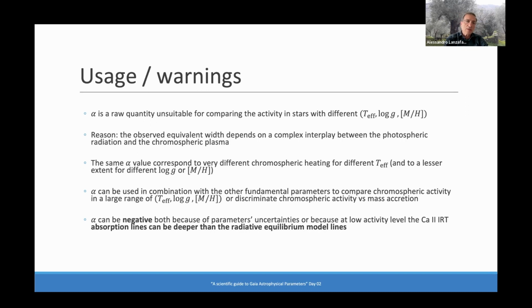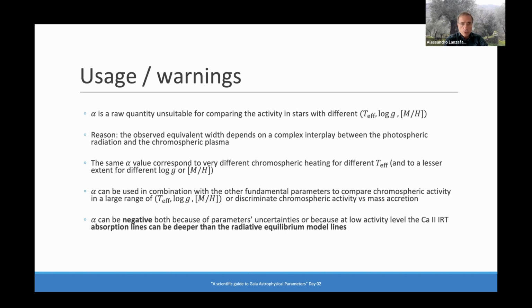Also, to a lesser extent, for different log G or metallicity, more metallicity, I must say, than log G. But when the effective temperature is very different, for the same alpha value you have a very different regime of chromospheric heating.